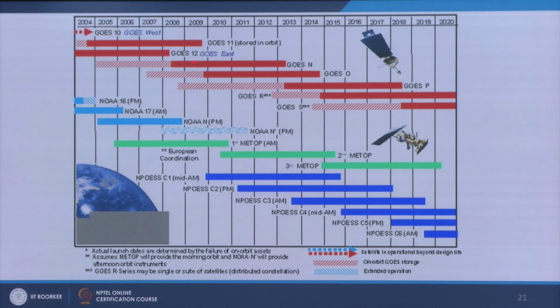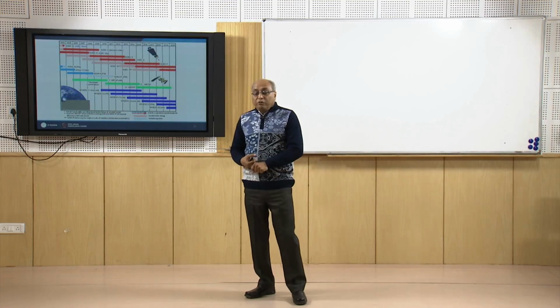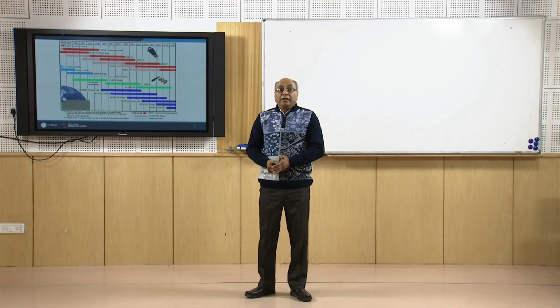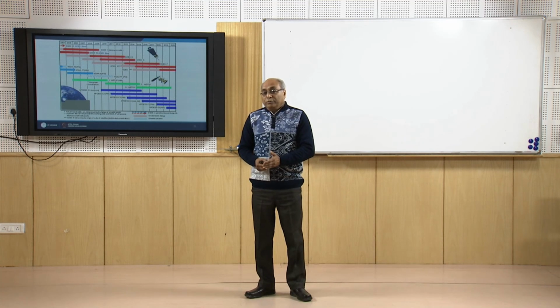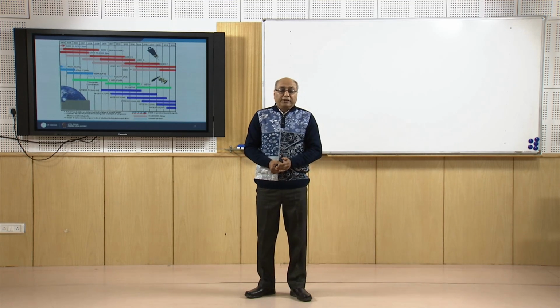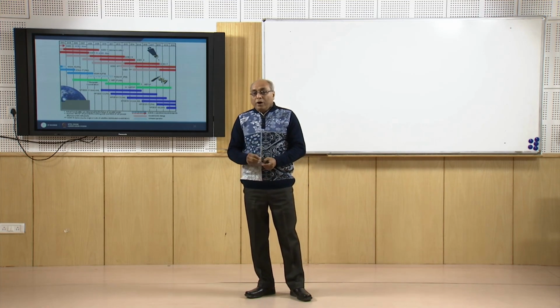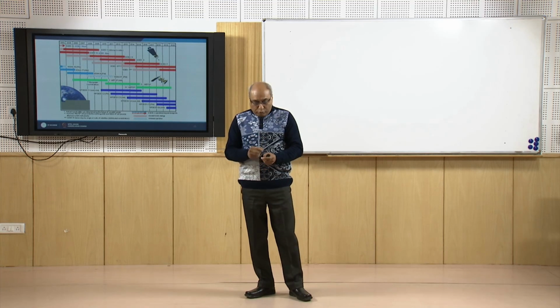Some other changes are also happening with GOES and other satellites, but this slide was mainly to tell about the future of NOAA. A few years back there was a survey of which satellite data had been used the most, covering 25 years of publications of the International Journal of Remote Sensing, and they found that NOAA AVHRR data had been used the most in their publications.